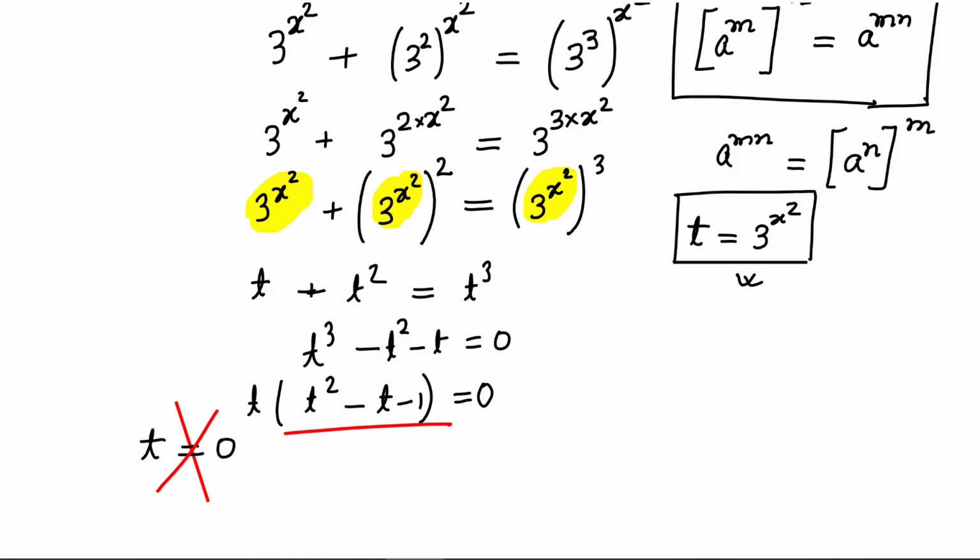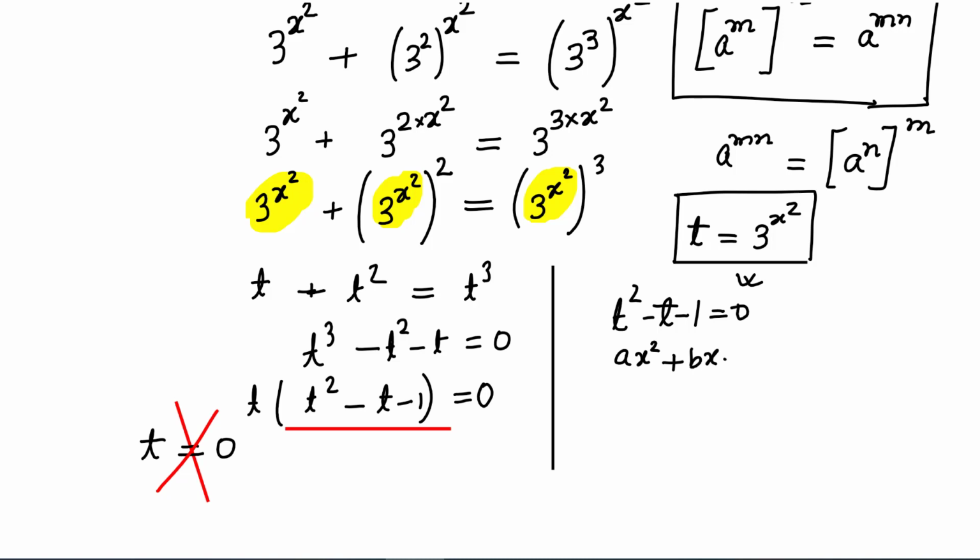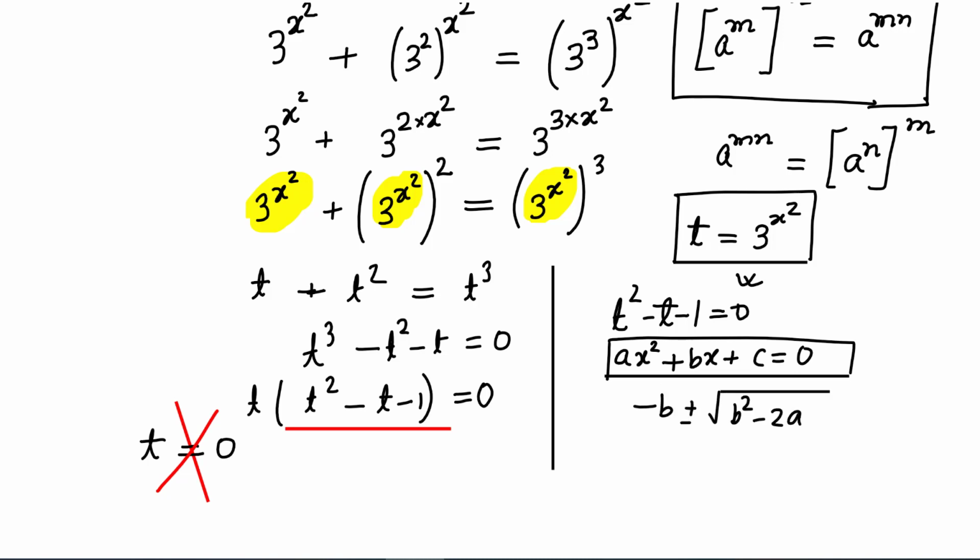So we now have the other option, that is t square minus t minus 1 is equal to 0. This is basically a quadratic equation, ax square plus bx plus c is equal to 0. If I have this kind of expression, the root is given by minus b plus minus square root of b square minus 4ac, divided by 2a.